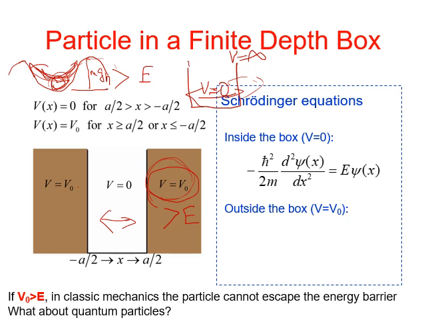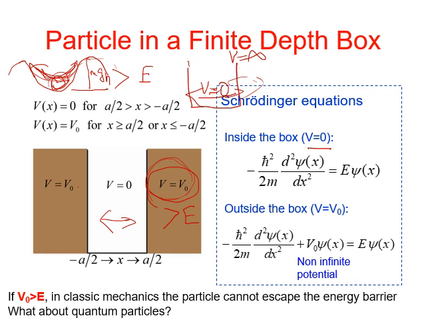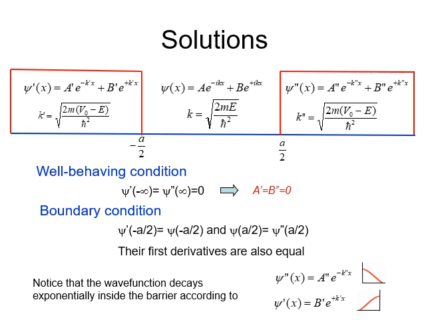So this is the wave function inside the box where there's no potential energy, but outside the box, you have a potential energy that is non-zero. Okay. Now this one we already see. This is a free particle. The solution is the same as we did before: A e to the negative ikx plus B times e to the positive ikx.